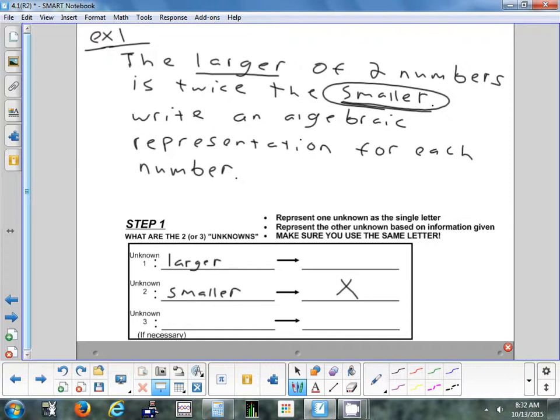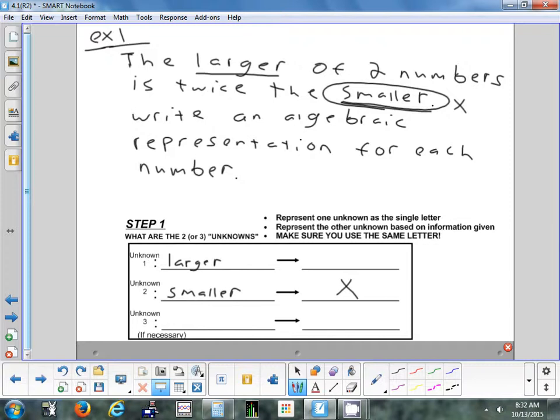Read it through. The larger of two numbers is twice the smaller. How did we represent smaller? What letter? X. How would you represent twice the smaller? That's what the larger one is.